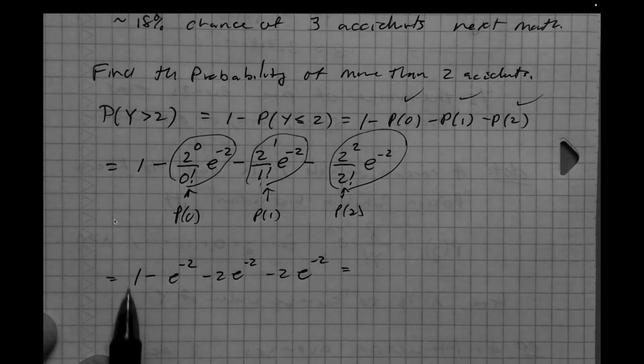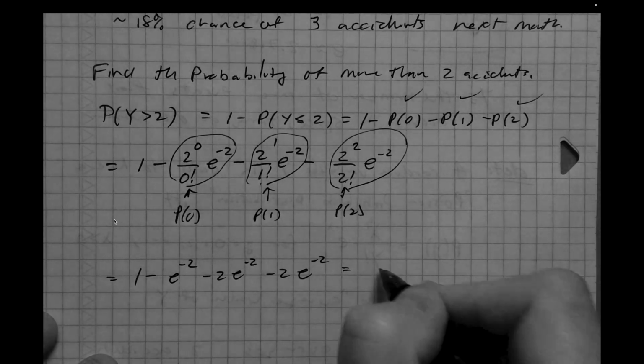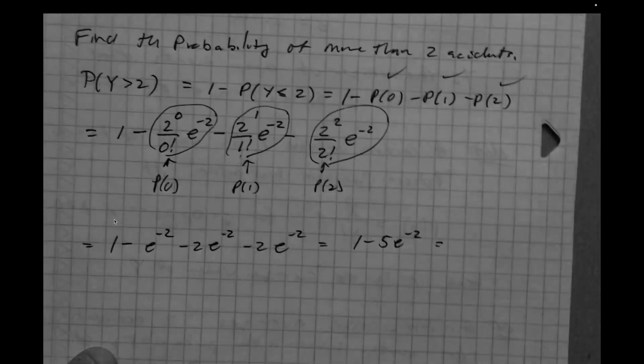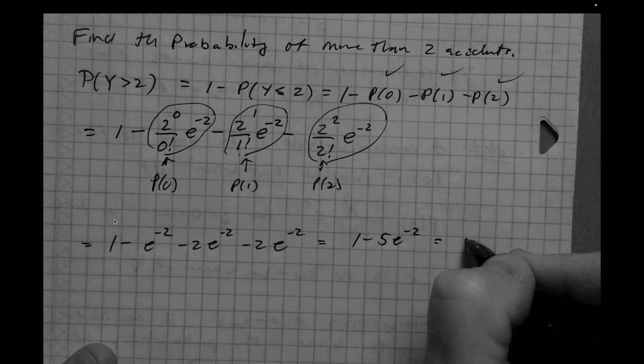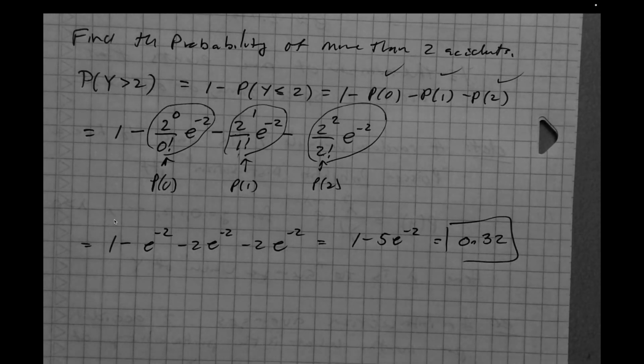And so this whole thing is 1 minus 5e to the negative 2 power. You can plug that into a calculator and you'll get 0.32. So there's about a 32% chance of more than 2 accidents at this particular intersection in any given month.